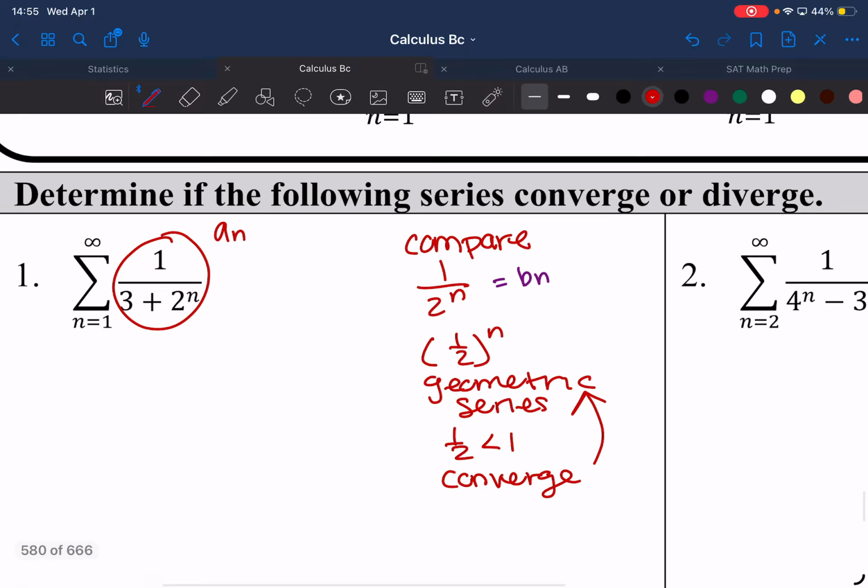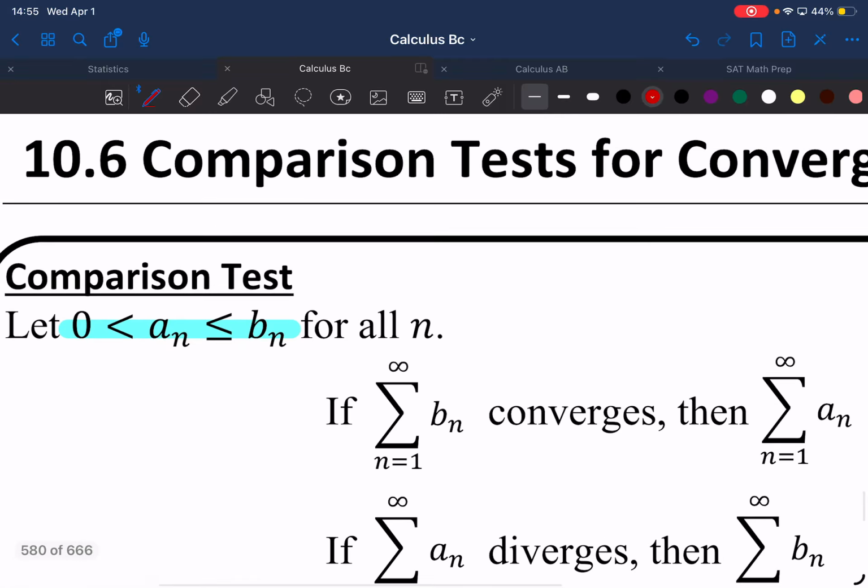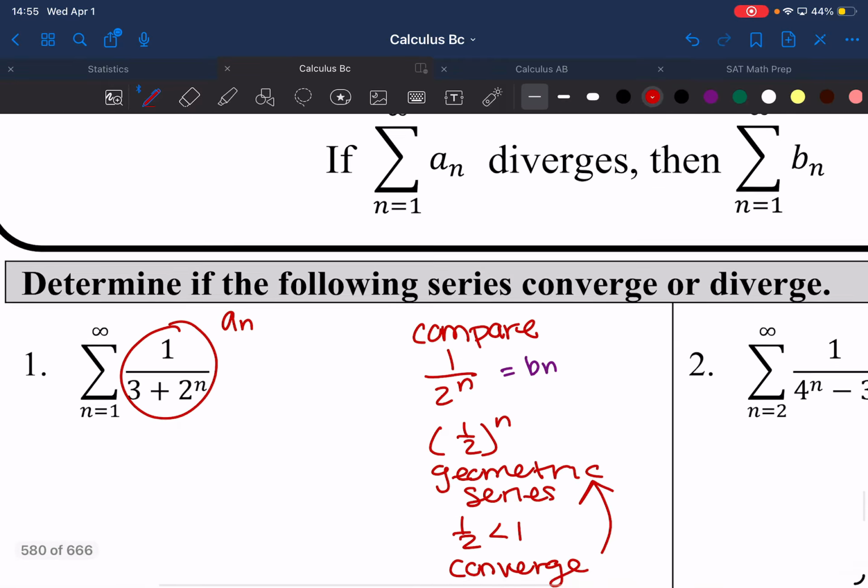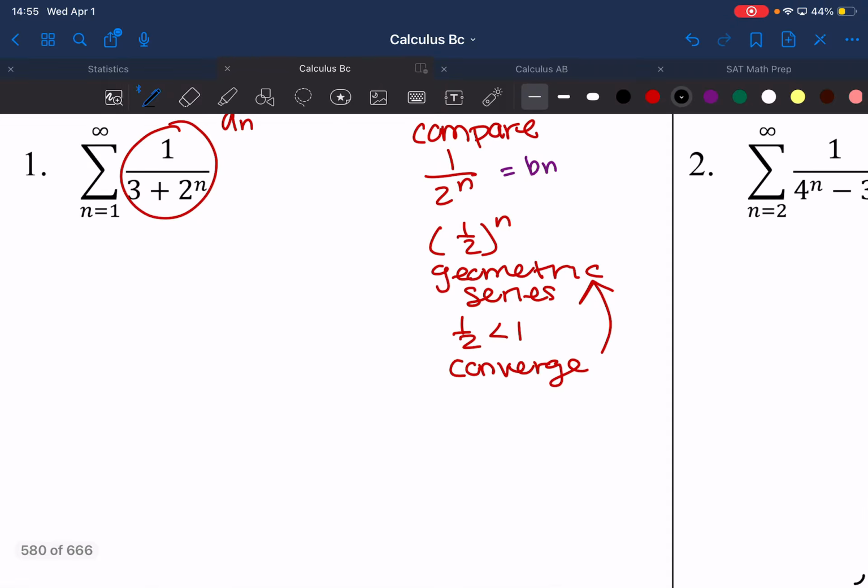So going back up to this inequality up here, notice how it matches that inequality. I'm going to write 0 is less than 1 over 3 plus 2 to the n power, which is less than 1 over 2 to the n. Again, this is a sub n is less than b sub n, which fits the condition.